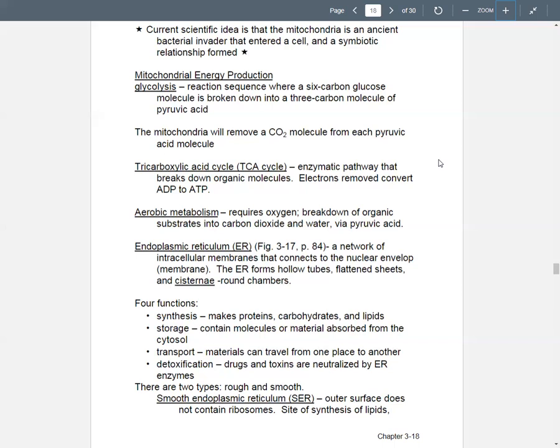Next, we're going to talk about the endoplasmic reticulum, another membranous organelle. It's basically just a network of membranes inside your cells, and those membranes connect to your nuclear envelope, or your nuclear membrane.